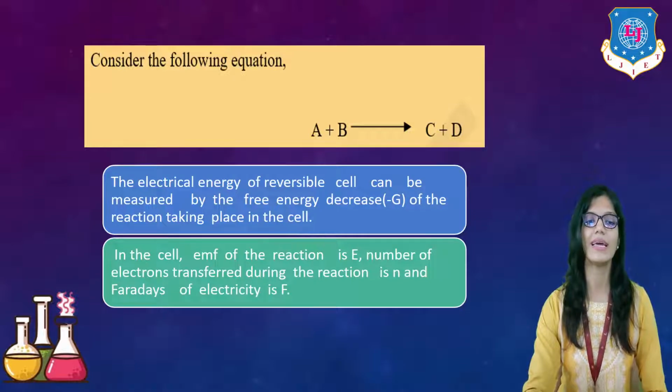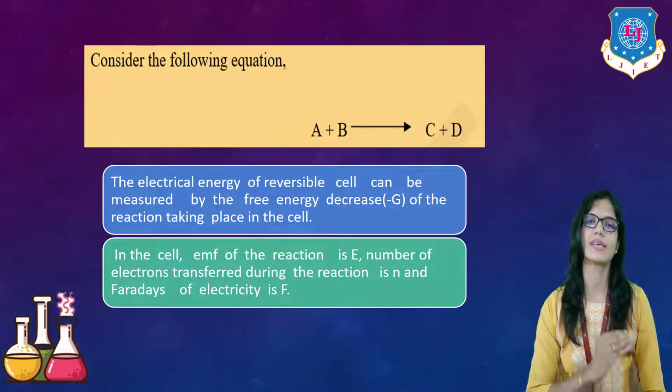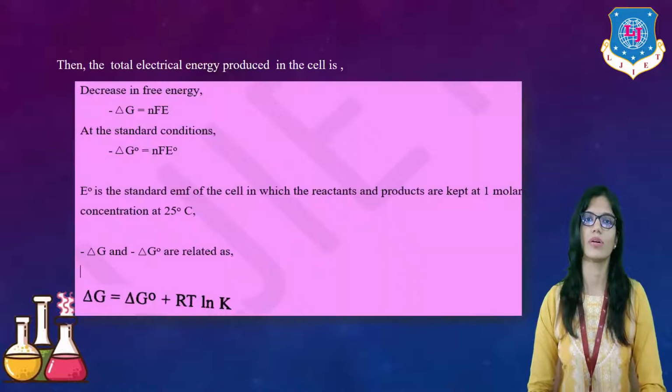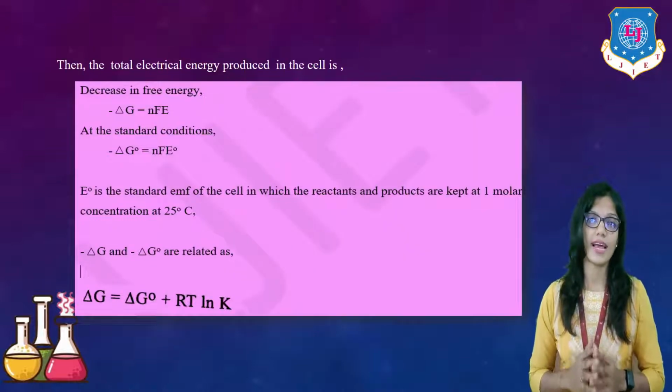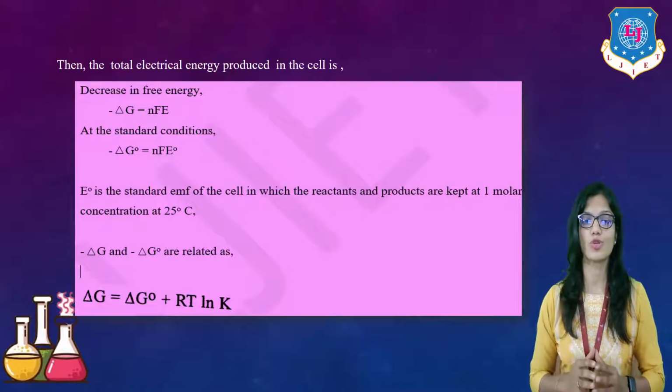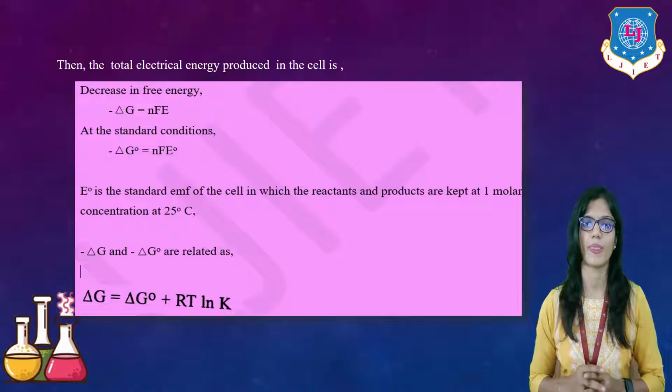Typically, for an electrochemical cell, the total electrical energy produced in the cell is the decrease in free energy, right? So the decrease in free energy can be written as minus G is equal to nFE.